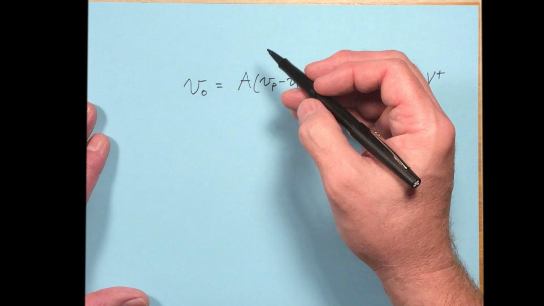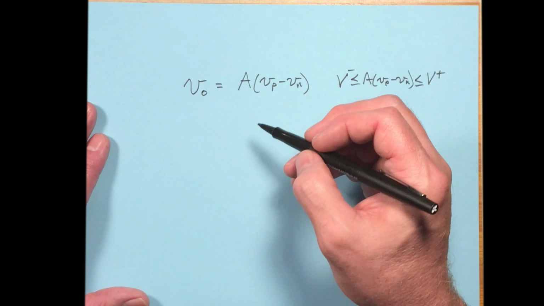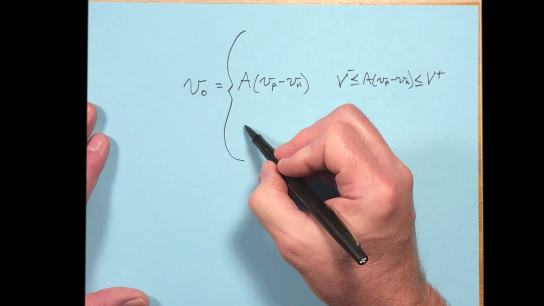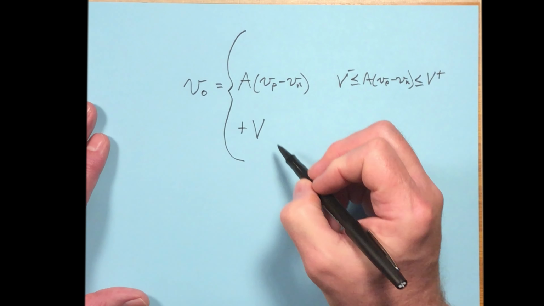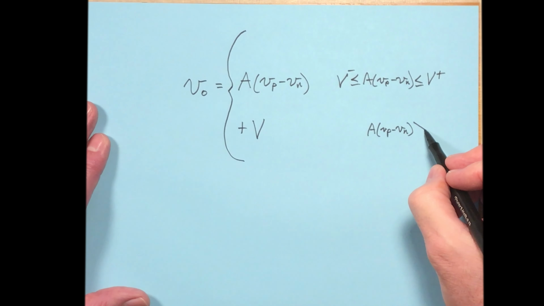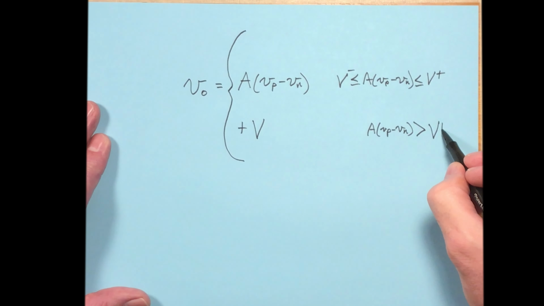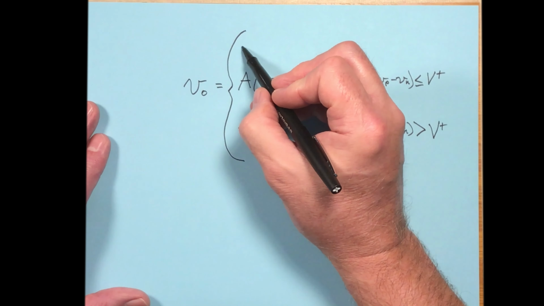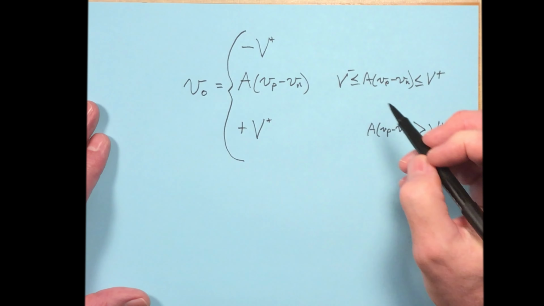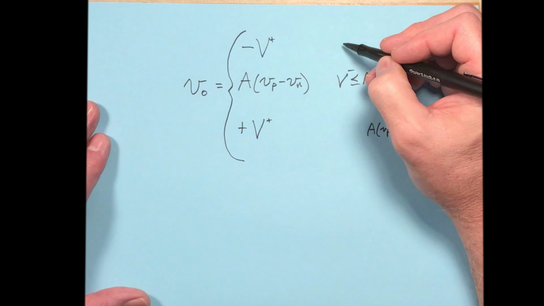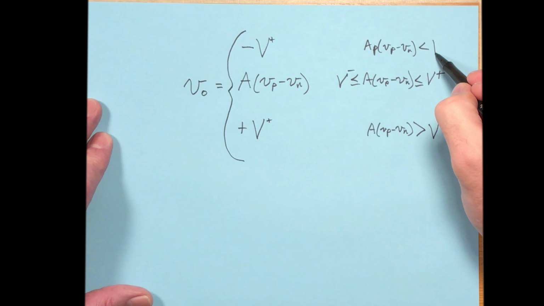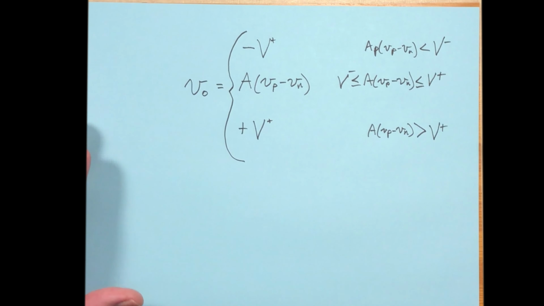Okay, but if the output should be bigger than that, then we've got this bracketed case here. It should be V plus if the output is greater than V plus, or it's going to be V minus if the output is less than V minus. Okay?